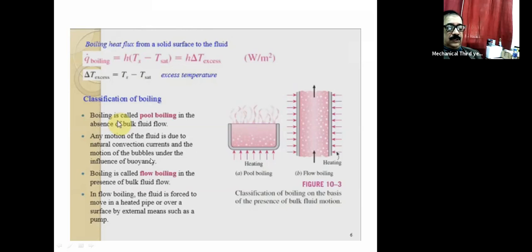And the motion of the bubbles is under the influence of buoyancy. You can note these agitations in the water: you will see bubble formation take place.